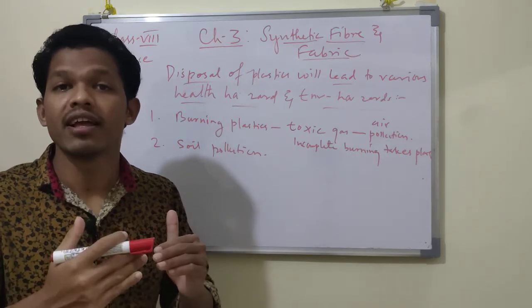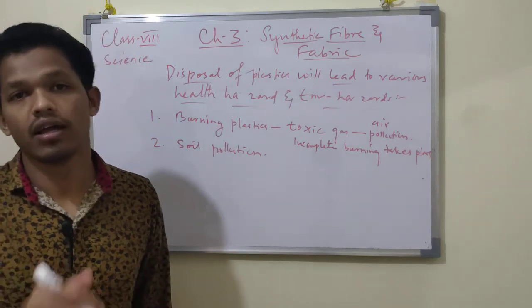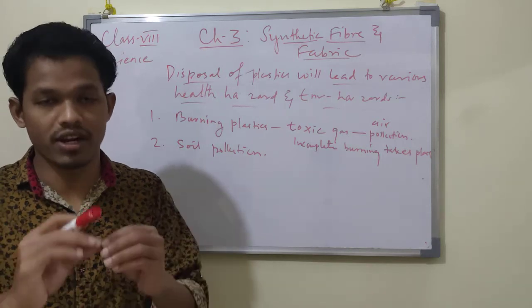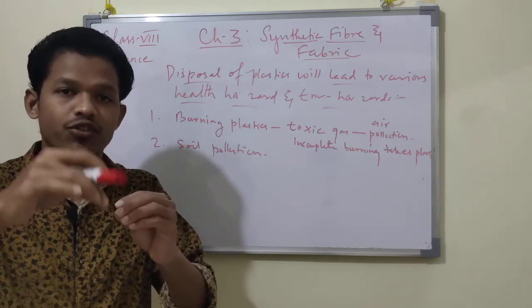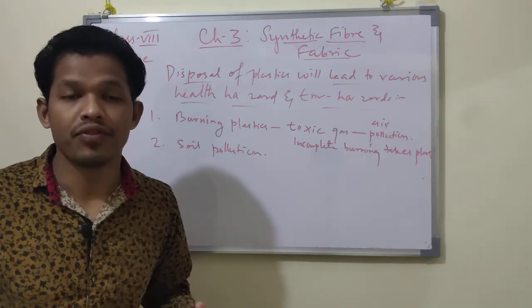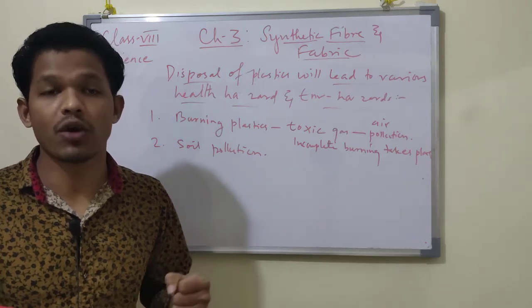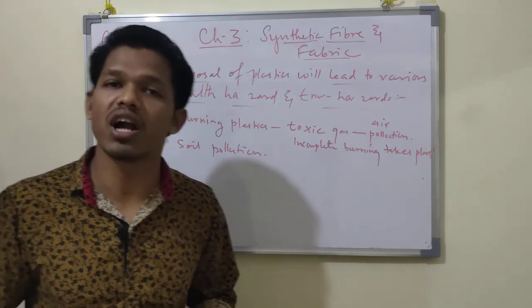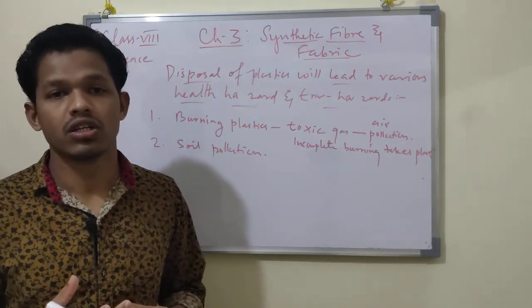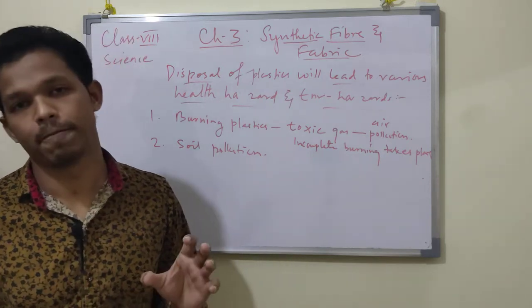This will prevent the seeping of rainwater through the ground, inside the underground. So this rainwater will not seep into the ground. Therefore, the plants growing in that particular area will not acquire enough water. So these plants will face scarcity of water.